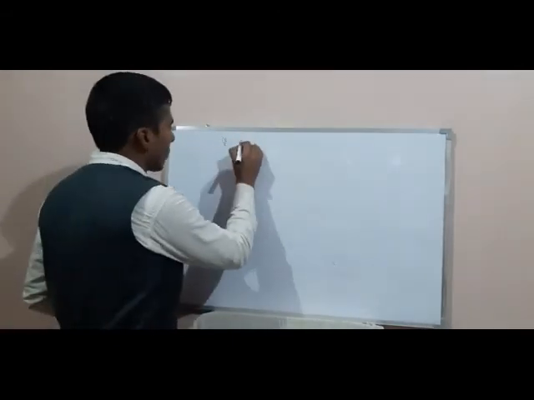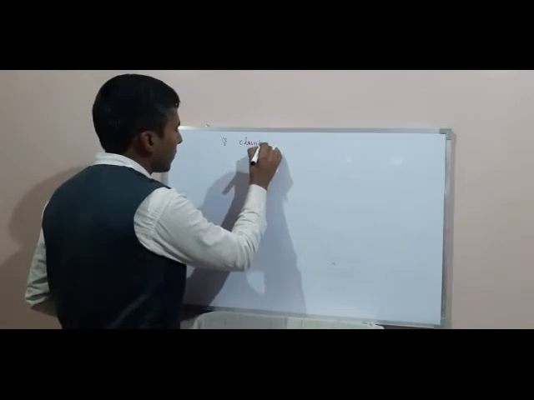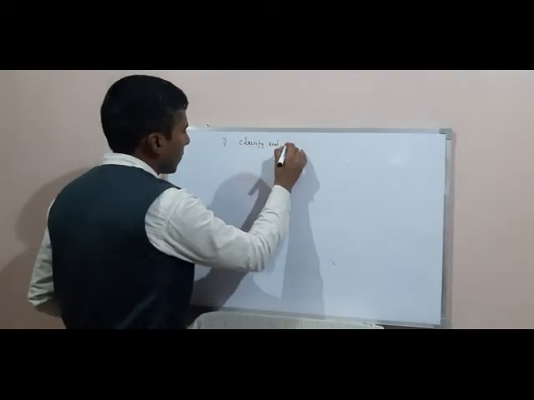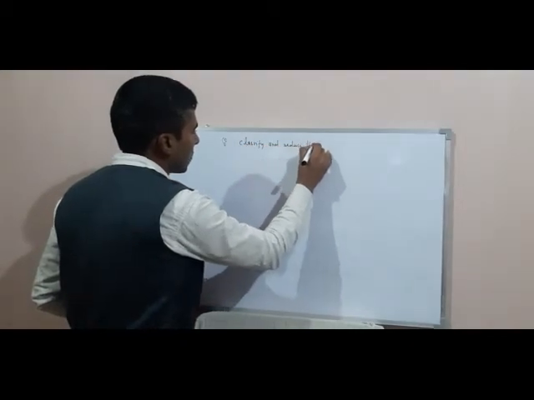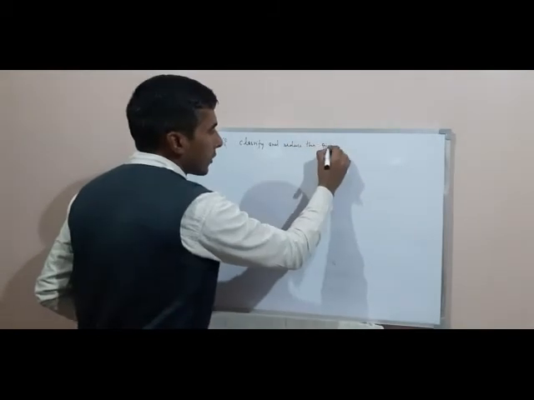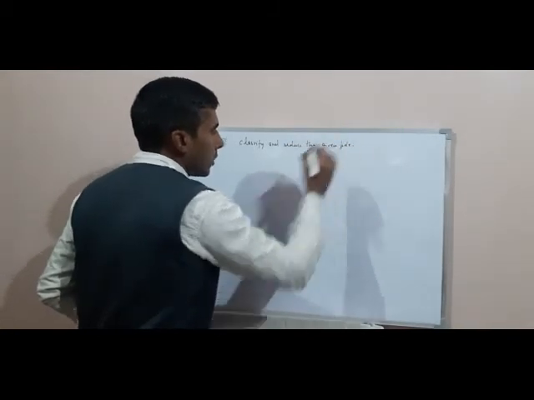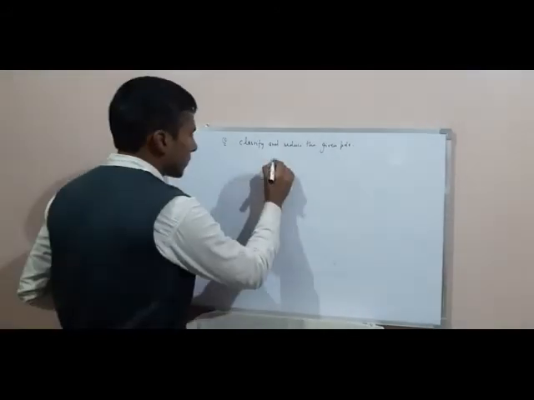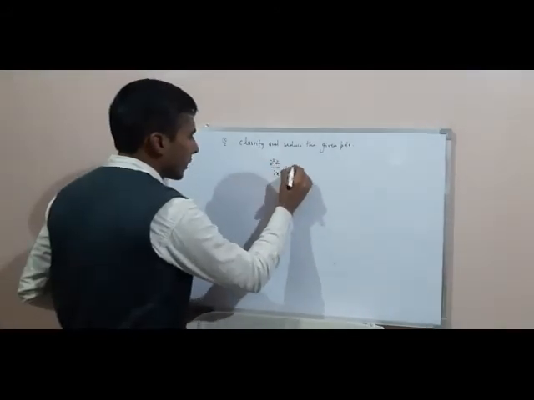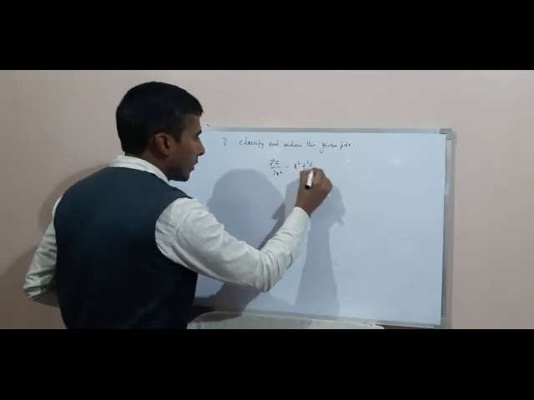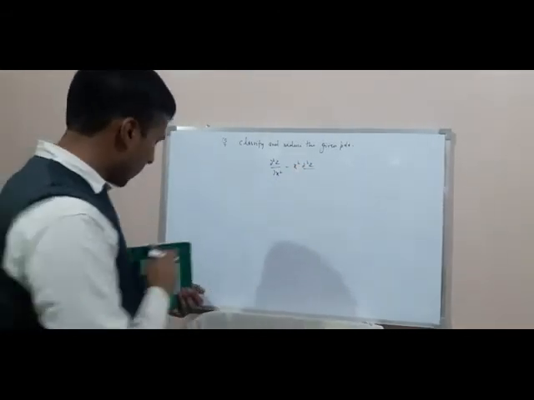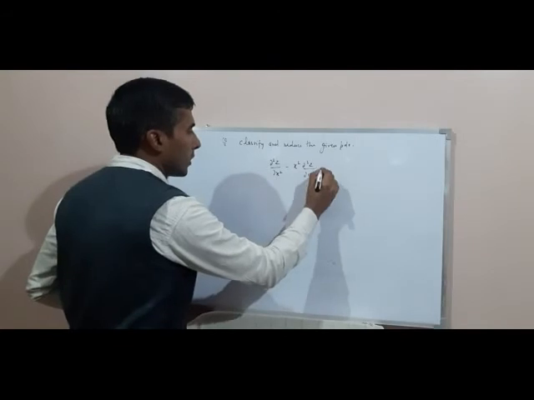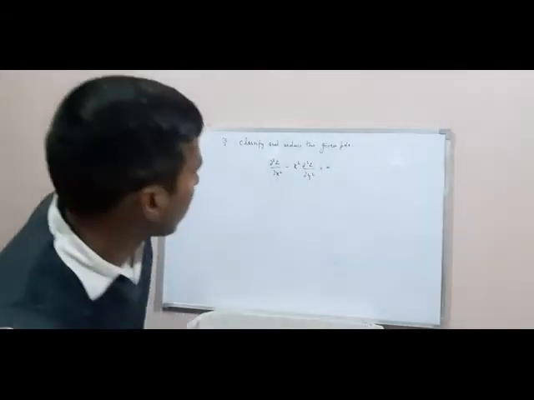We take an example. The problem is: classify and reduce the given partial differential equation, ∂²z/∂x² − x² ∂²z/∂y² = 0, to canonical form.